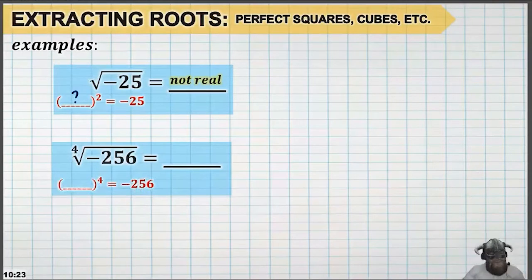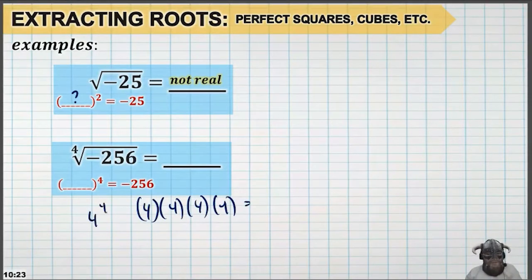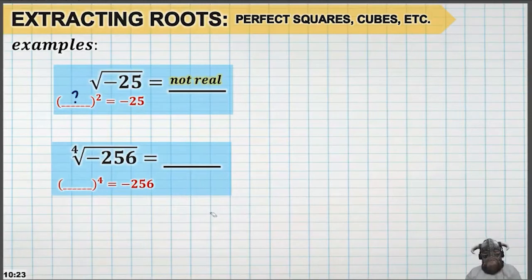Because, yes, pwedeng positive 4. 4 times 4 times 4, kasi 4 raised to 4 yan eh, but it's equal to positive 256. Kahit negative 4 yan, positive 256 pa rin. So you cannot think of a number that if you raise it to 4, the answer is negative 256. So, very good if you answered not real.